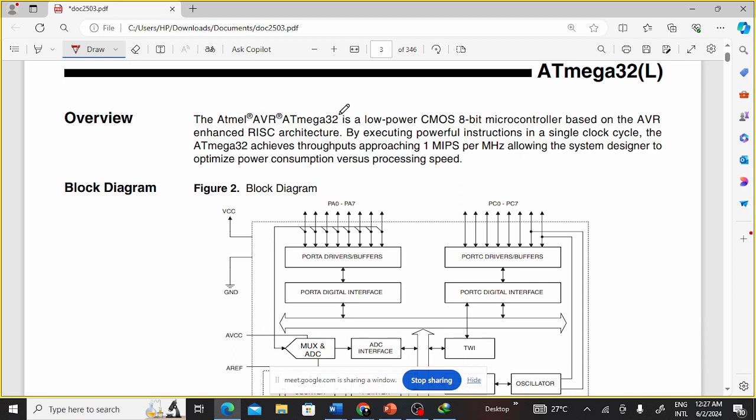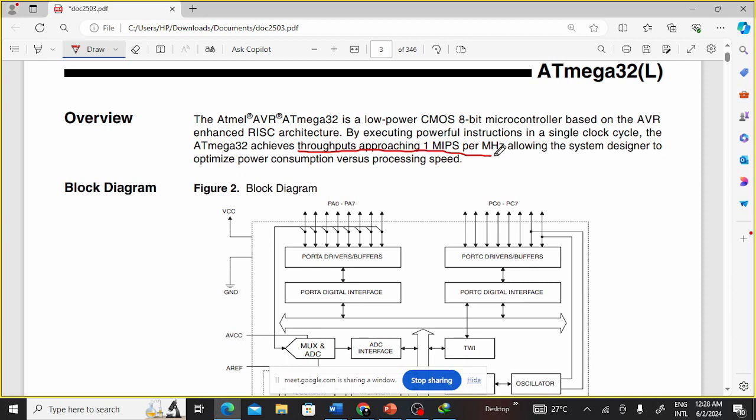ATmega AVR. The ATmega32 is a low power CMOS 8-bit microcontroller based on the AVR enhanced reduced instruction set architecture. By executing powerful instructions in a single clock cycle, so it can execute in one single instruction cycle because it's a 2-stage pipeline, we achieve a throughput approaching 1 million instructions per second per megahertz, allowing the system designer to optimize power consumption versus processing speed. I explained the concept of throughput, and I believe we should understand that from this class.